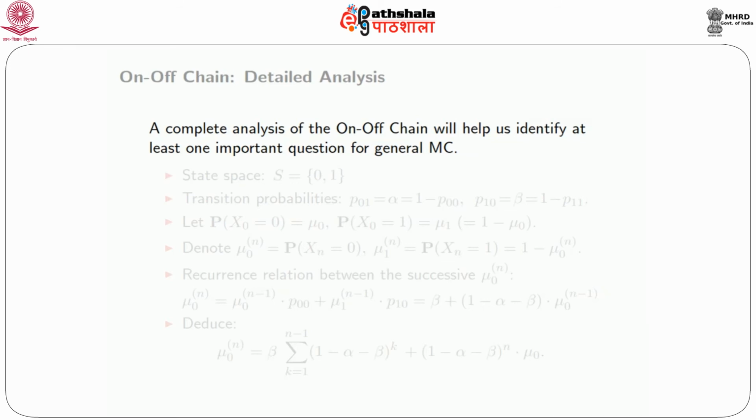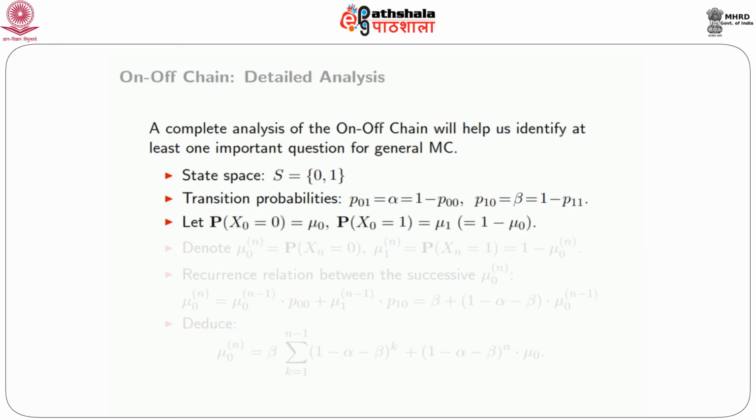So let's quickly recall the on-off chain. The state space is 0 or 1. They just represent the off and the on states. The transition probabilities are as written there. P01 is alpha, and therefore P00 is 1 minus alpha. Similarly, P10 is beta, which means P11 is 1 minus beta.